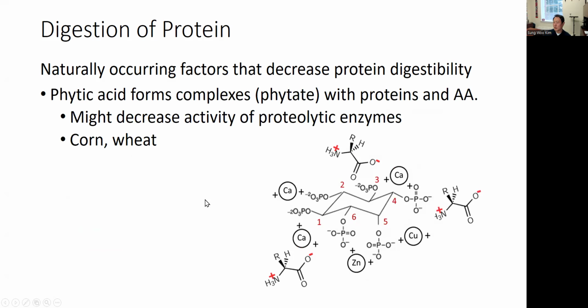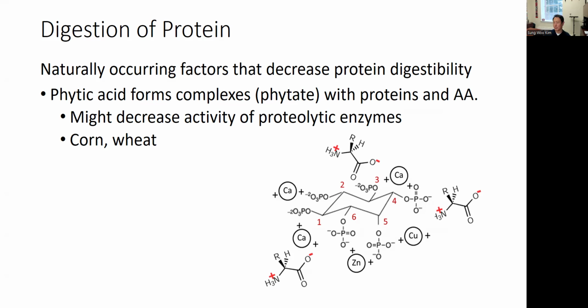There's another one called phytate, or phytic acid. Okay, that's commonly found in grains. This phytic acid is based on inositol. Okay, inositol is made of 6 carbons, making a ring, and phosphoric acid is attached to each carbon.